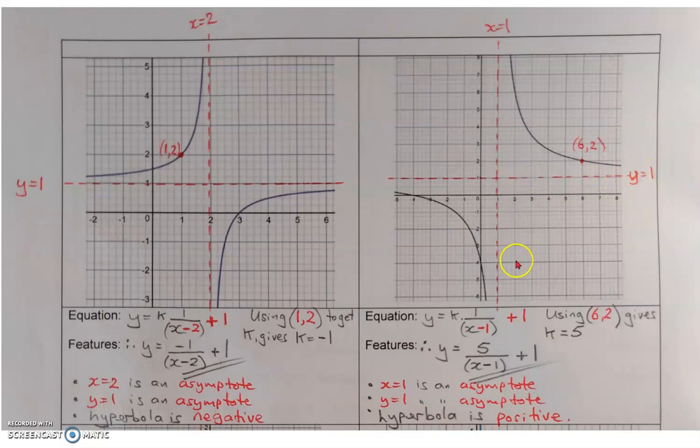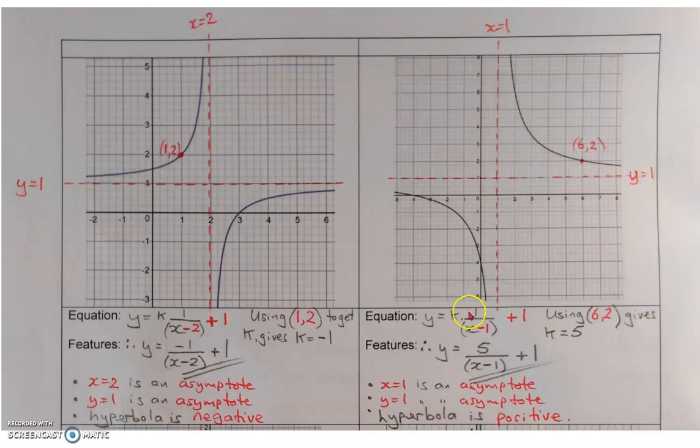Similarly, if we look at where this is going off to infinity, it's going to be approaching this red line here, this vertical asymptote, and the same is true here. The curve is going to be coming down closer and closer to x equals 1, but never touching it or never crossing it. So we've got two asymptotes, y equals 1, x equals 1.